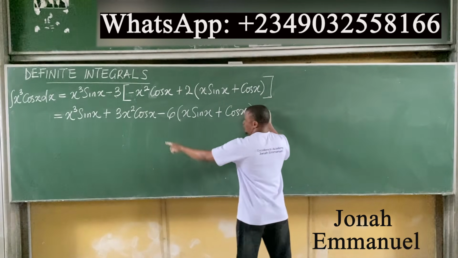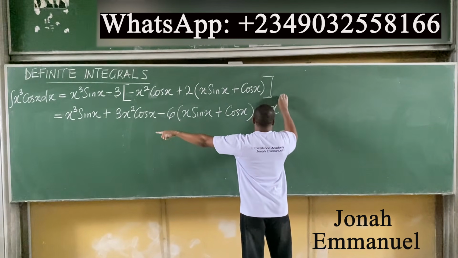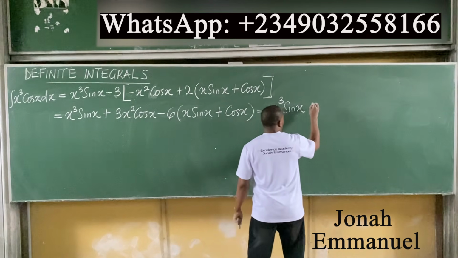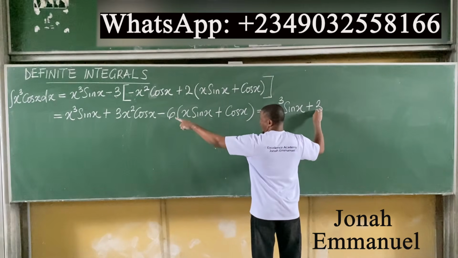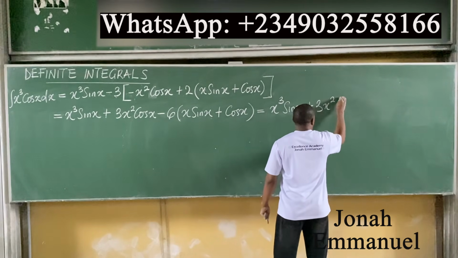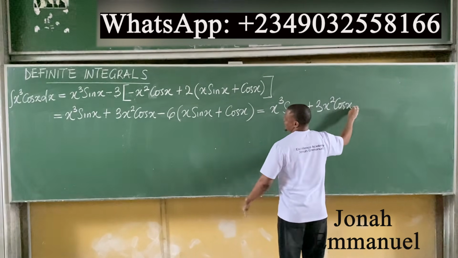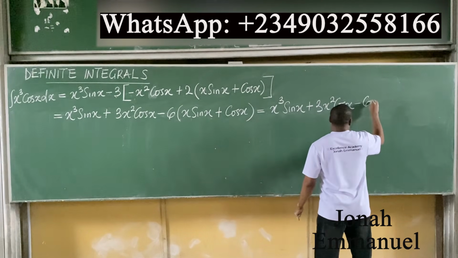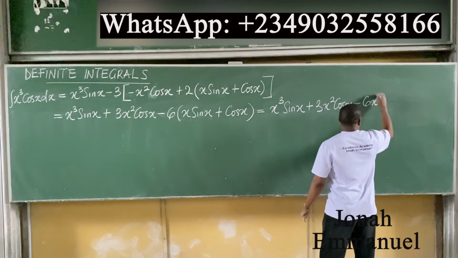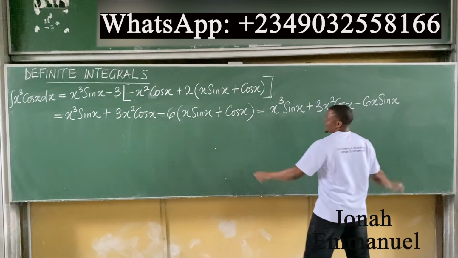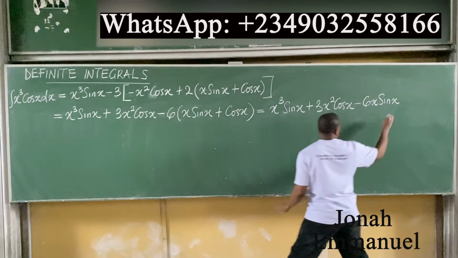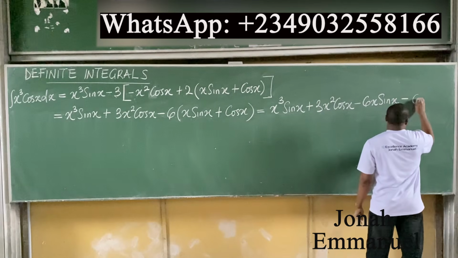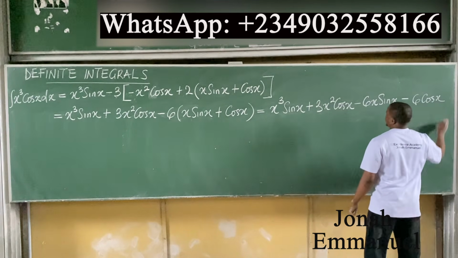That's equal to, from here, what do you have there? x cubed sine x plus 3x squared cos x minus 6 into this. What do you have there? Minus 6x sine x minus times plus minus 6 times cos x, 6 cos x. Please check any like terms.